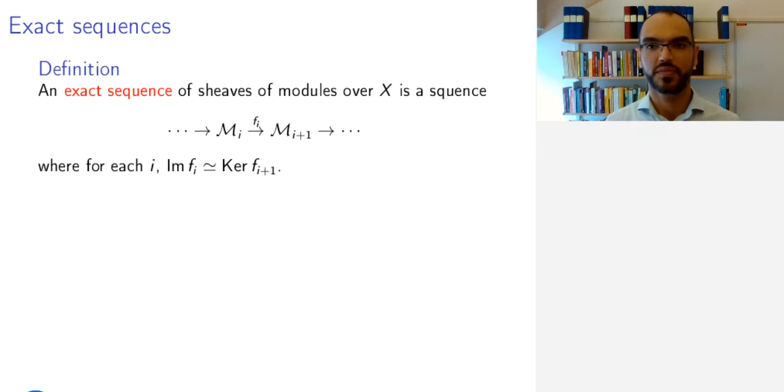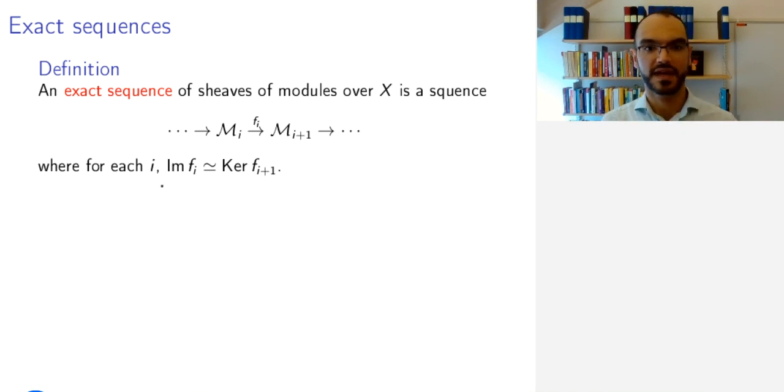Now, another important notion is the notion of exact sequences. And this works as for modules. So an exact sequence of sheaves of modules is a sequence with M_i, that are sheaves of modules, numbered increasingly, and f_i going between M_i and M_{i+1}.